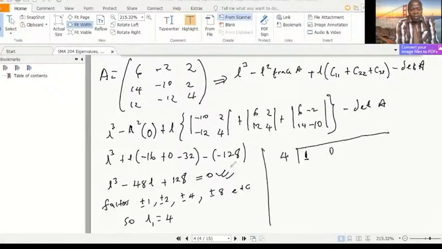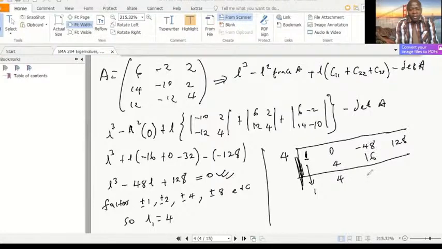So, and then lambda, we have negative 48. And then we have the constant 128. Bring this one down. 1 times 4, you have 4, then add 4 here. 4 times 4 is 16.